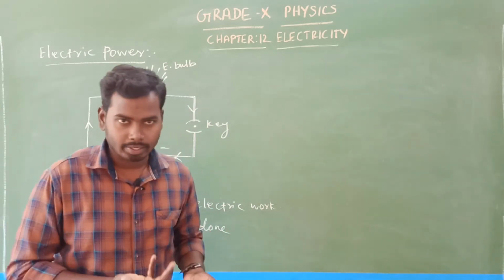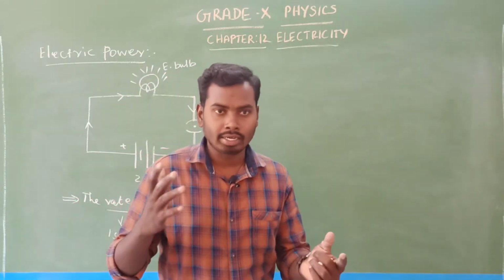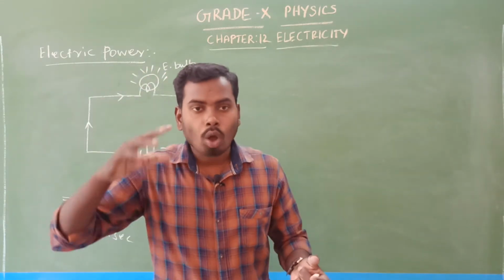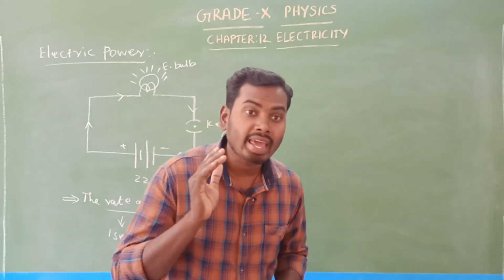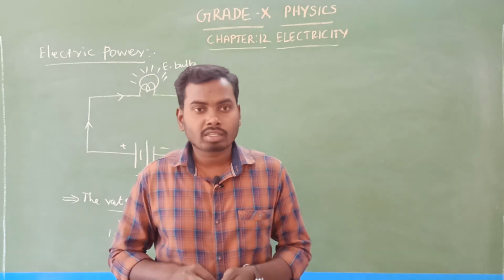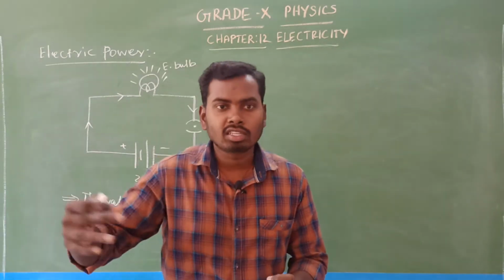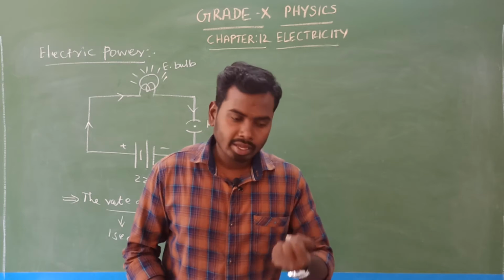The water heater is also an electrical appliance which converts the electrical energy into heat energy. So all electrical appliances function because of only electrical energy, which generally we say is current. All electrical appliances consume the electrical energy and convert it into different kinds of energy.